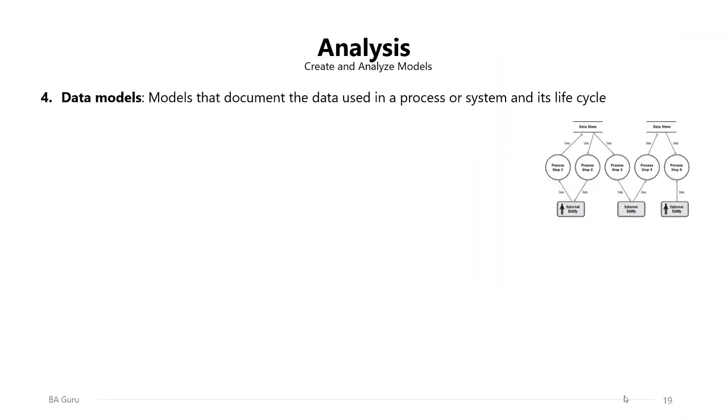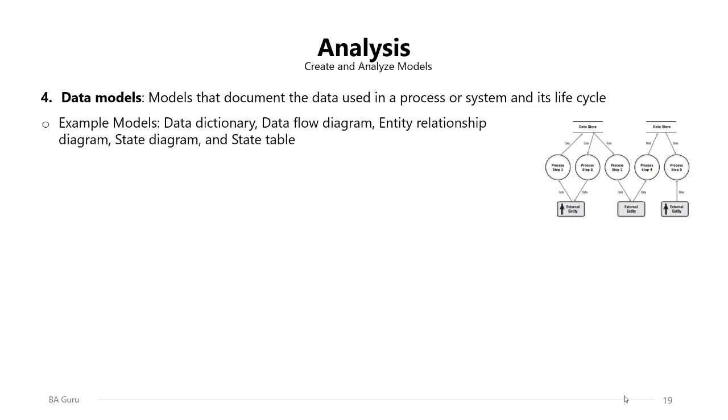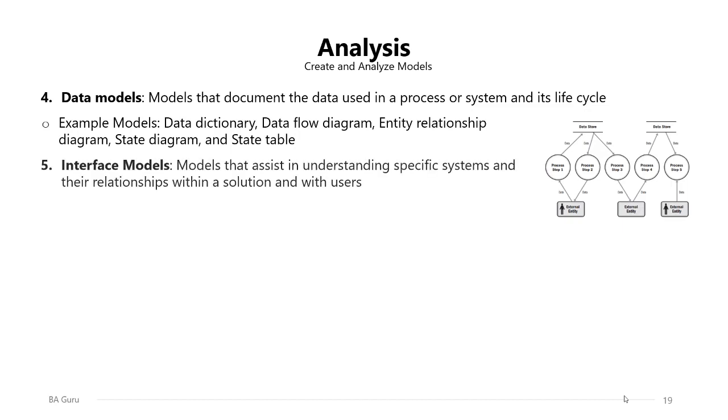We have also the data models, models that document the data used in a process or system and its life cycle. Examples include the data dictionary, the data flow diagram, entity relationship diagram, state diagram, and state table. And the last category is the interface models, models that assist in understanding specific systems and their relationships within a solution and with users.